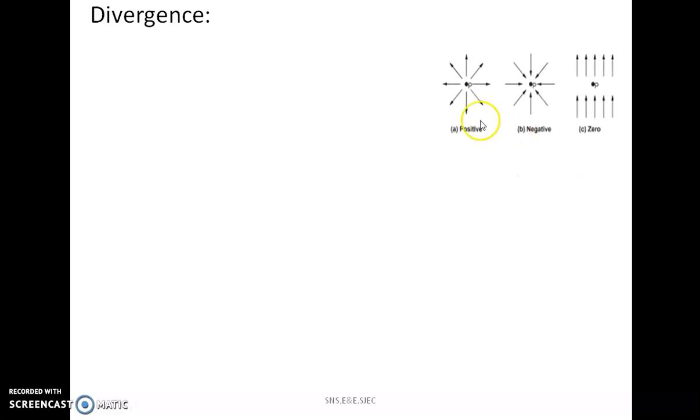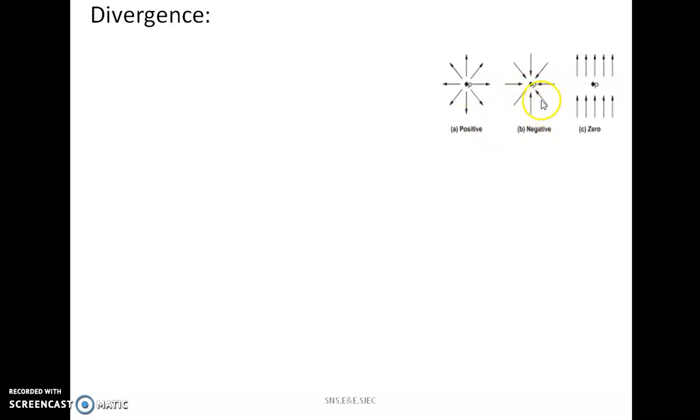As we know, the divergence at a point due to a vector field is the ability of the field to diverge from that point. That is measured in terms of divergence. If I consider point P, you have three diagrams: A, B, C. In diagram A, all the fields are moving out from point P, so the divergence of the vector field at that point is positive.